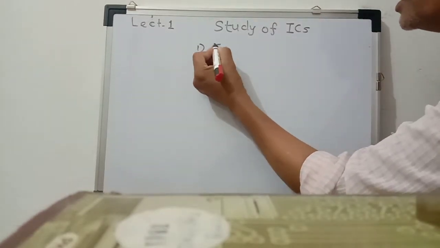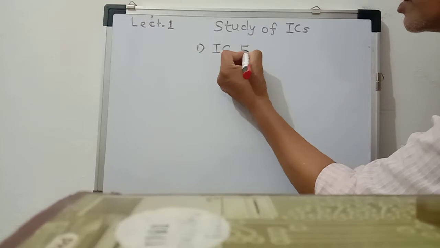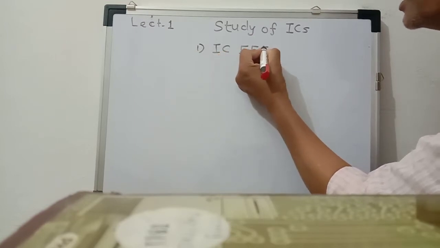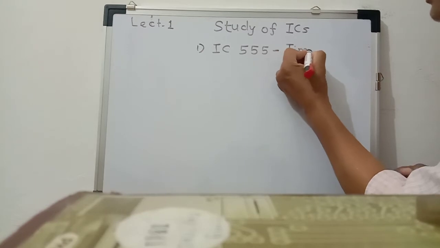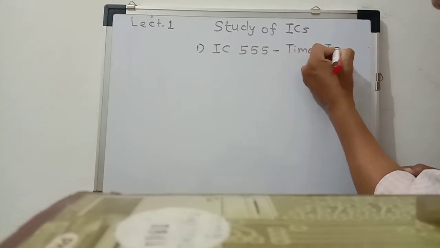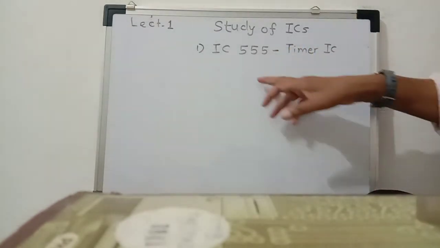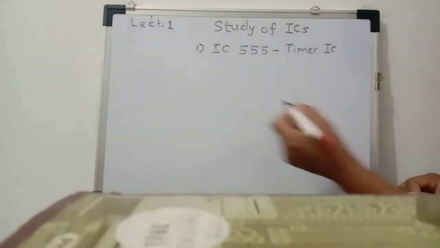First, IC triple five. It is a timer IC.